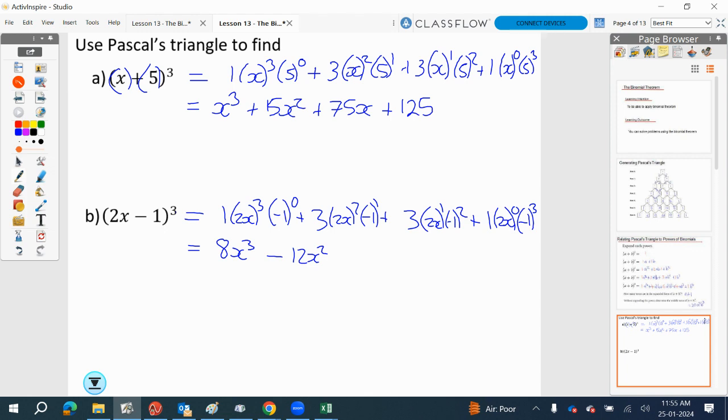Minus 1 squared, positive. 2x to the 1 is 2x, so we get 6x. Minus 1 cubed, minus 1, so we're going to have minus 1. Take care with your signs, because the 2 in 2x is also cubed.